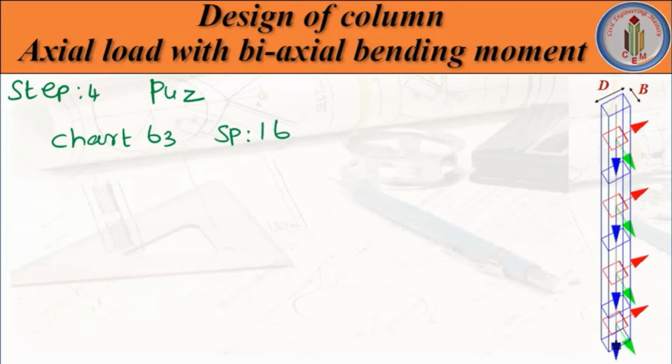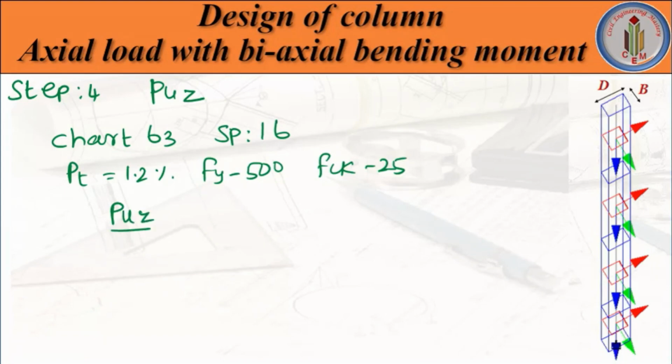Here we know the value of PT, which is 1.2 percent, FY is 500, and FCK is 25. By using all these values, we need to find out the PUZ by AG value from chart number 63.